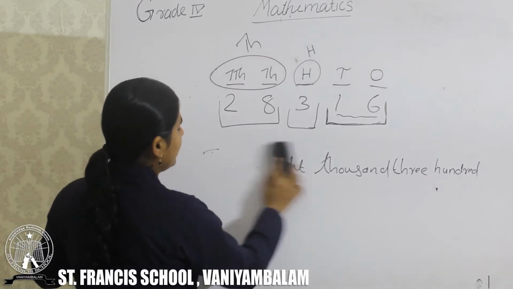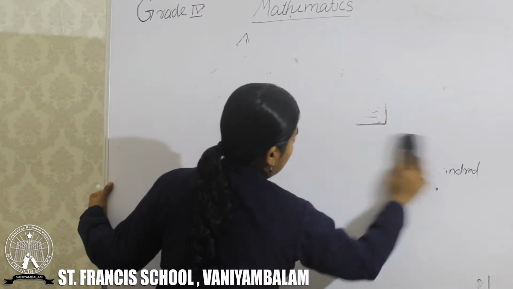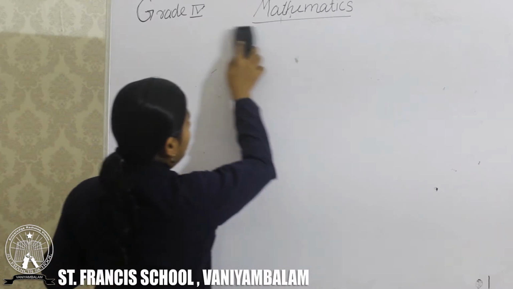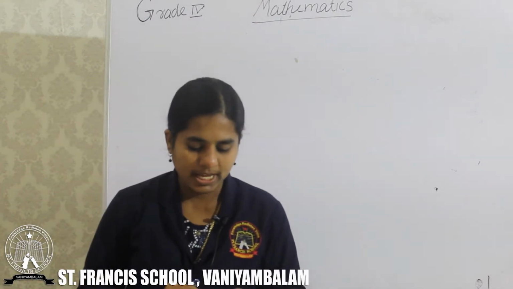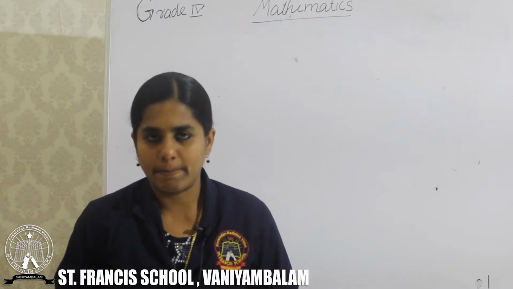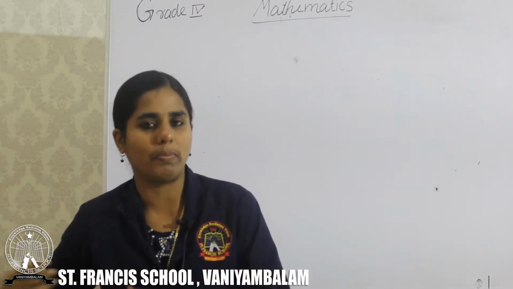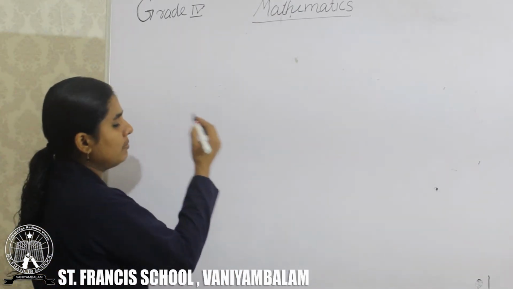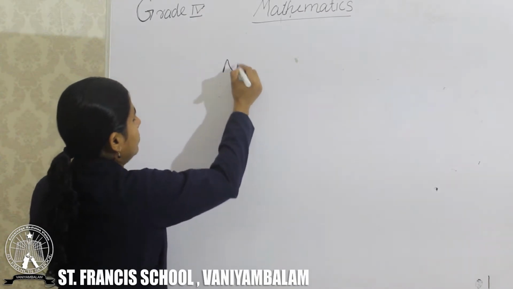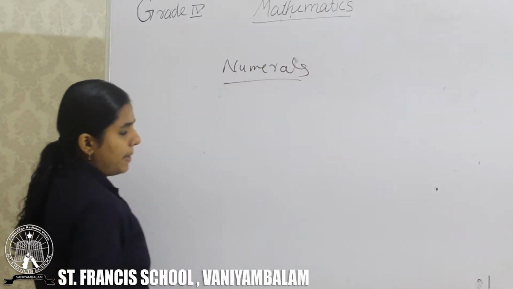After that we can see how to write the numerals. Numerals means numbers. I will give you the number name, and that number name we want to change to numerals. Numerals means number.